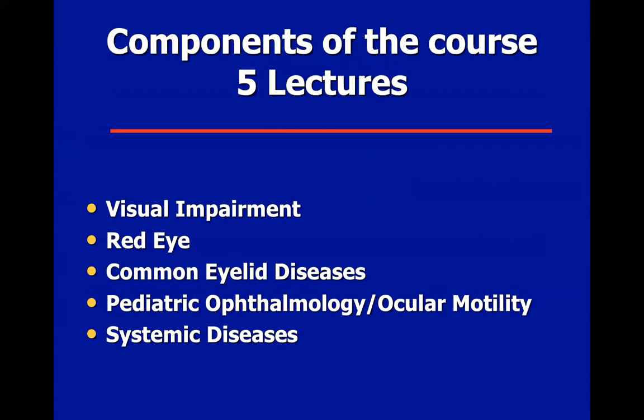The 5 lectures will be: 1, visual impairment; 2, red eye; 3, common eyelid diseases; 4, pediatric ophthalmology and ocular motility; and last but not least, systemic diseases and their relation to the eye.